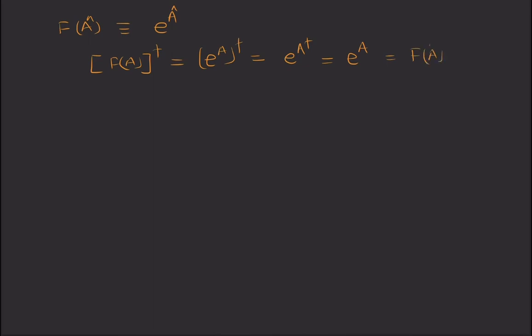So in this case we see that the adjoint of the function operator is again a Hermitian operator.